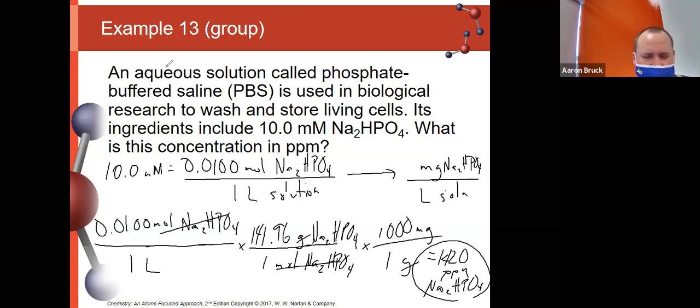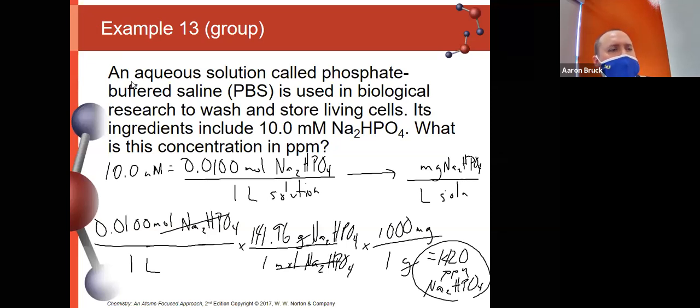And from that particular standpoint, we'd be talking about a solution that's 0.14%. That's a little bit easier to wrap our brains around. All right, so any questions with this one?